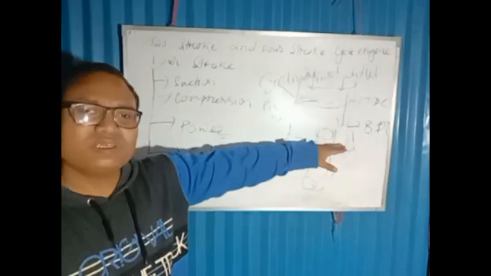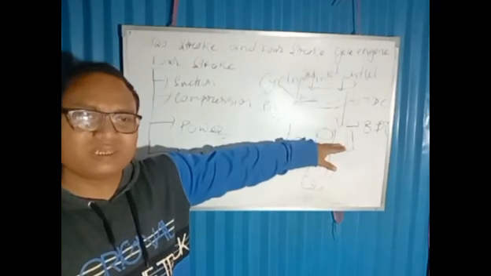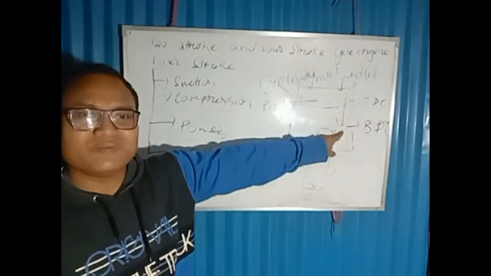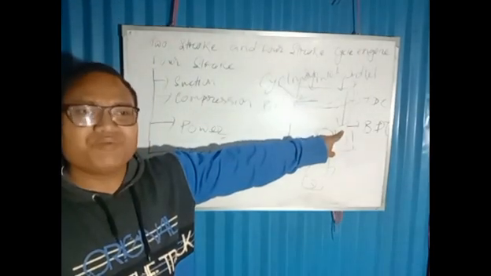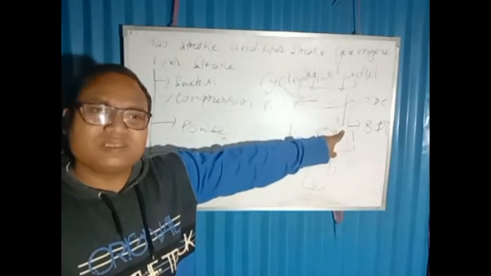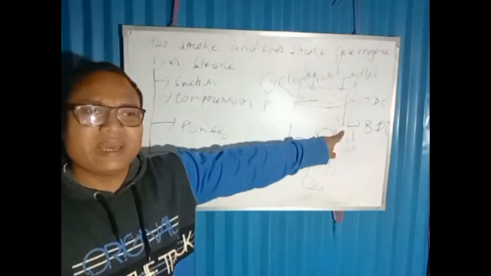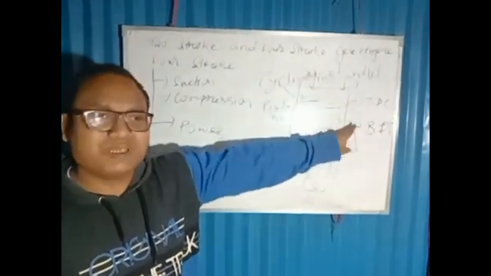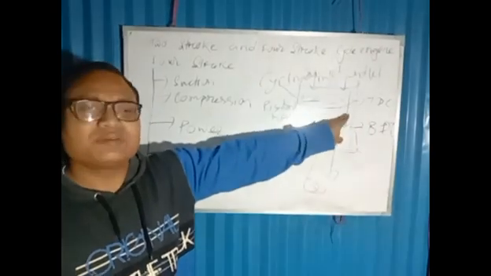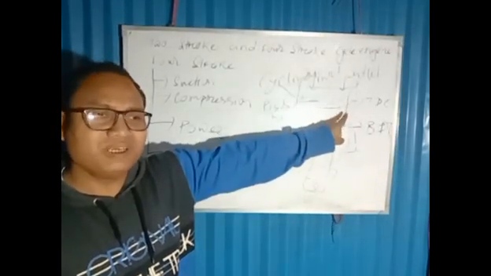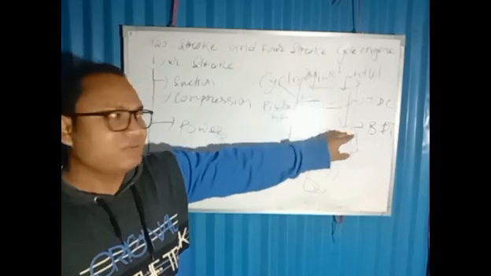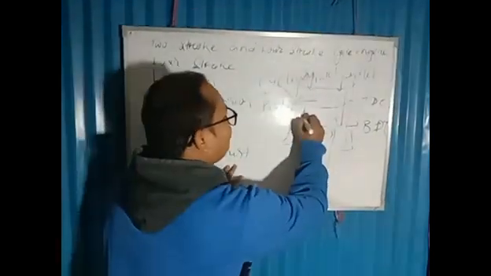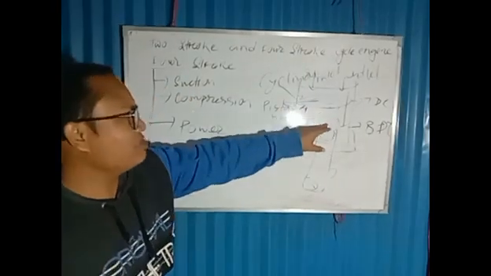When the piston is at bottom dead center, the air and fuel are filled up. At this situation, the piston moves again from BDC to TDC. The piston head compresses the air fuel mixture.